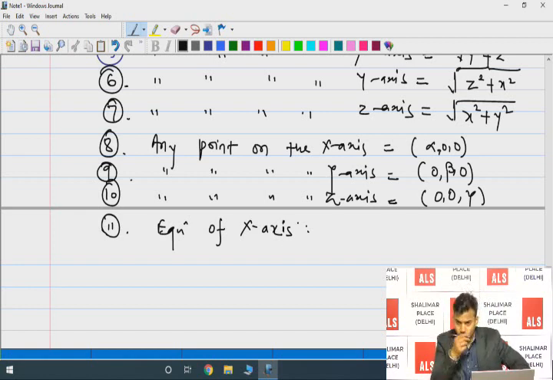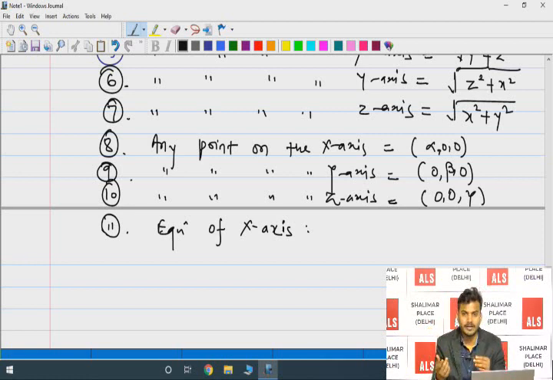If some point is on the x-axis, how would you write it mathematically? Think of it. You would say 3 comma 0 comma 0 or 4 comma 0 comma 0, or maybe minus 6 comma 0 comma 0.